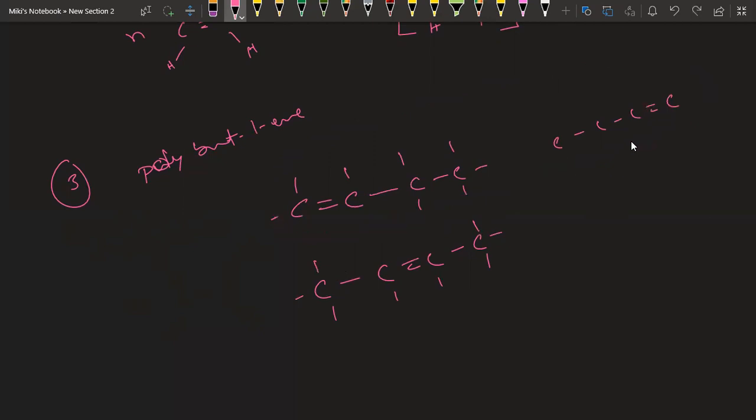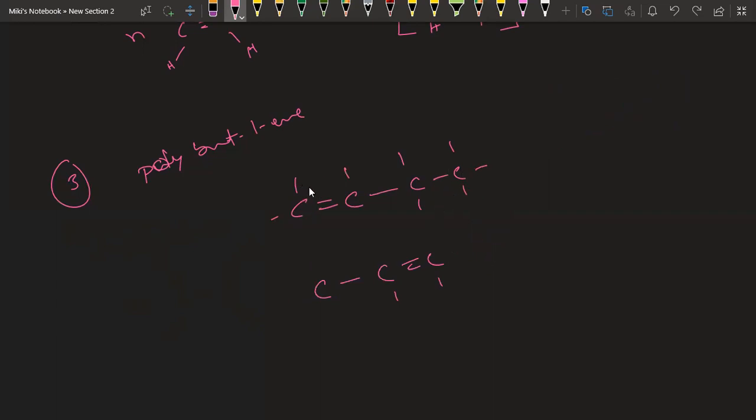That means if you see this structure from the opposite side of the screen, what would you see? You'd see that it transformed into this one. Since they are the same thing, if we count the carbon from this side, this is first and second. That means the double bond is between the first carbon and the second carbon. So both are identical. Got it?